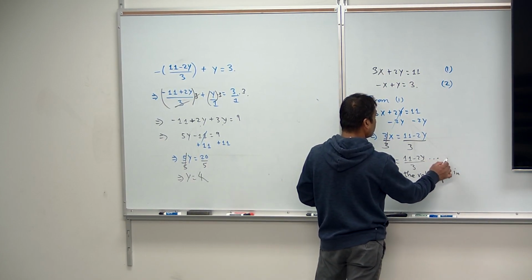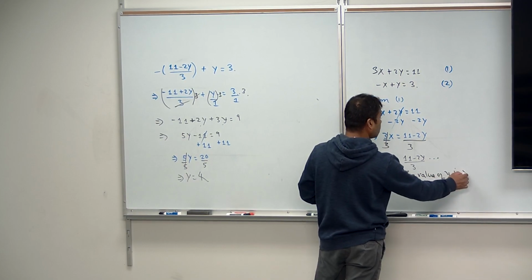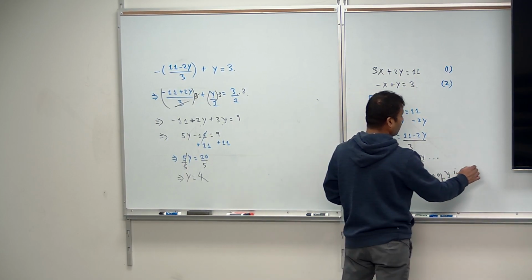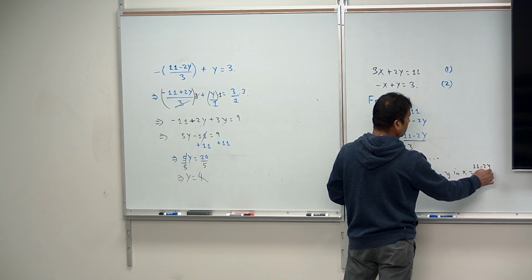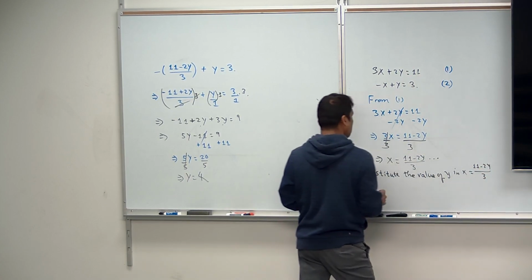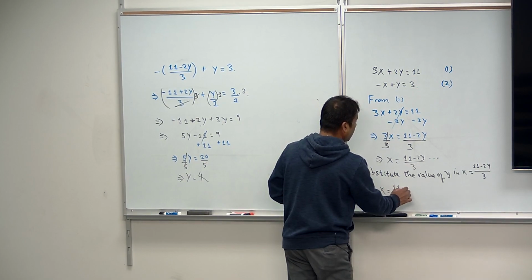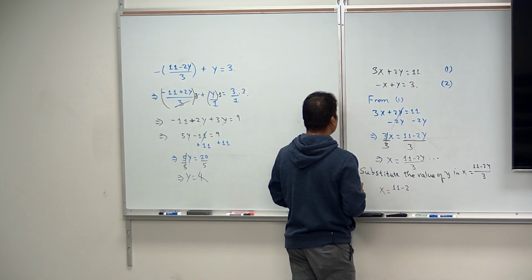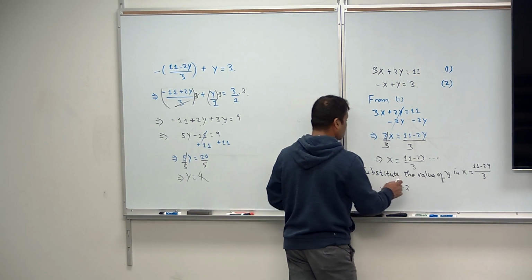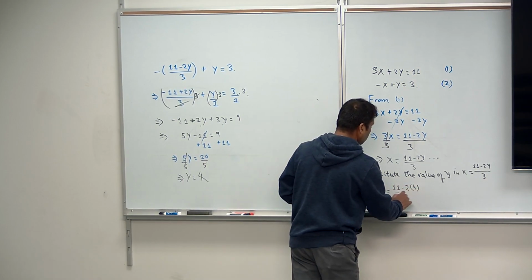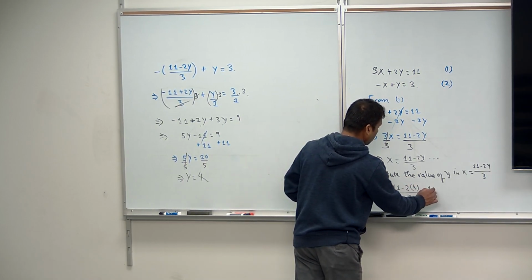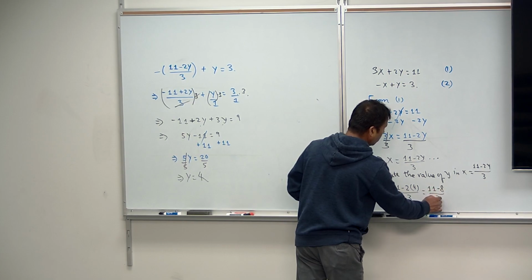In this equation, x equal to 11 minus 2y over 3. So x equal to 11 minus 2 times, what is your y? The value of y is 4, 2 times 4, over 3. So 11 minus 8 over 3.